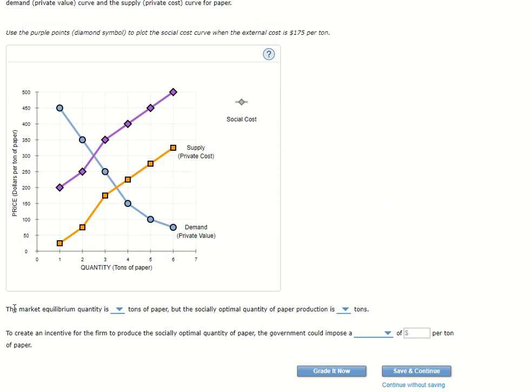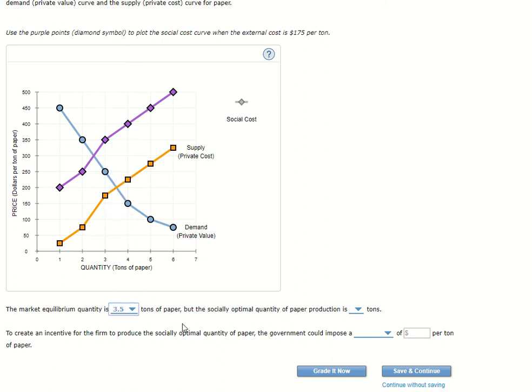So the market equilibrium quantity is where? The market equilibrium quantity will be between your private supply curve and the private demand curve. So the original supply demand curve, this intersection in the middle, the quantity of 3.5, that is our private quantity.